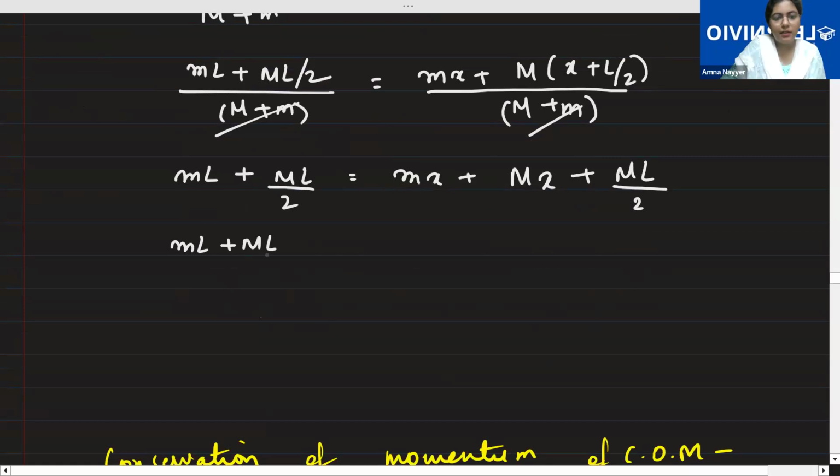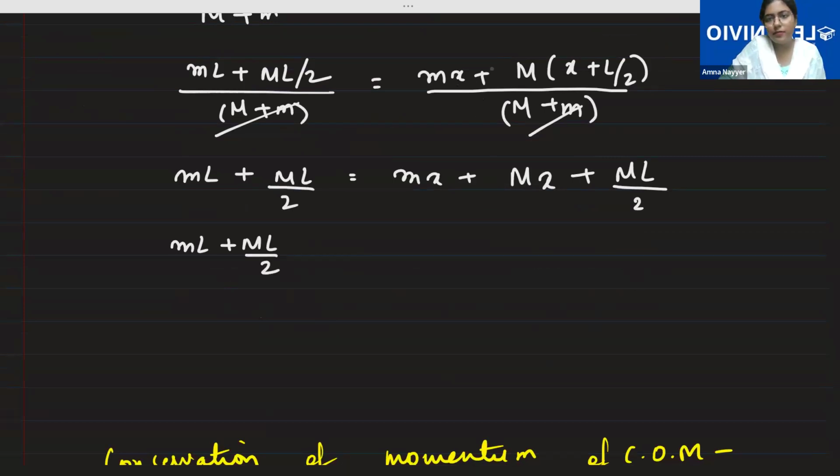ml plus ml by 2. Won't ml by 2 get cancelled? Yeah, ml by 2 will be cancelled, correct.